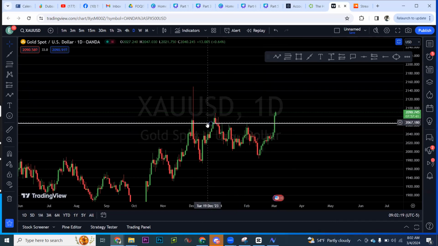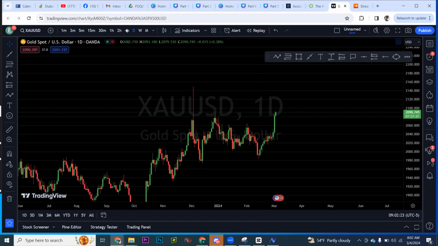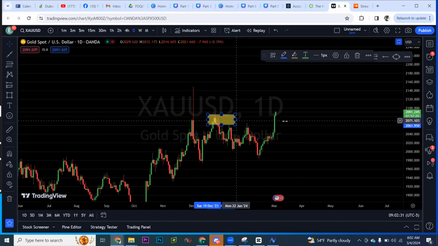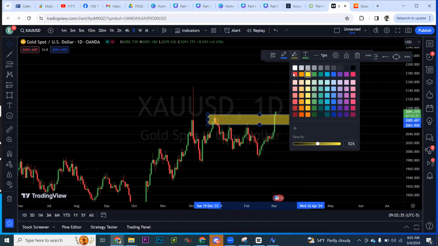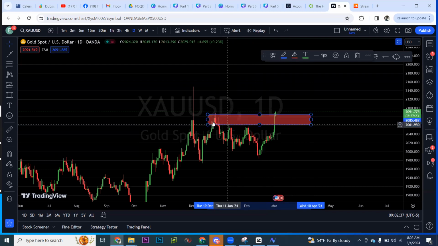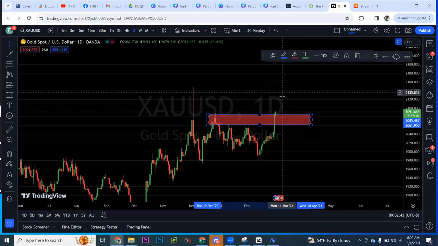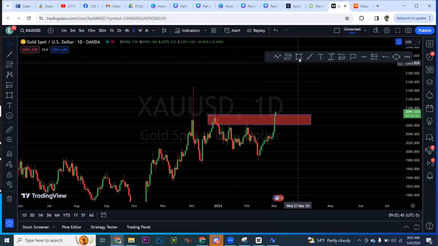Let me take this out, go to the 4-hour after this. So we got the supply zone here. Three more candles in a row right here. Jump down to the 4 hour real quick. Nope, let me just mark this supply and demand.